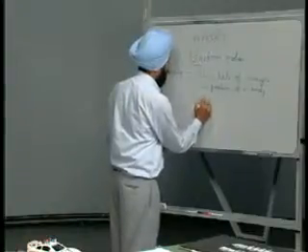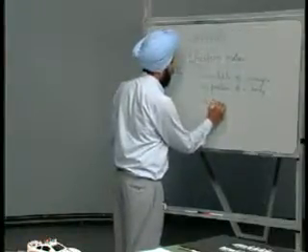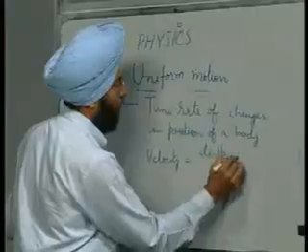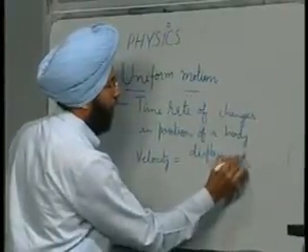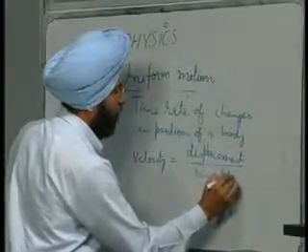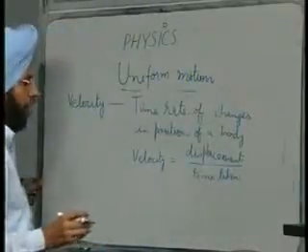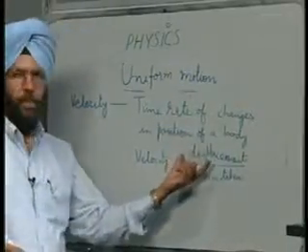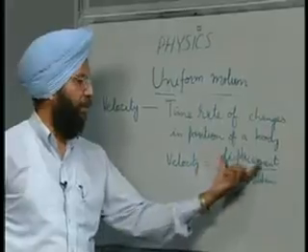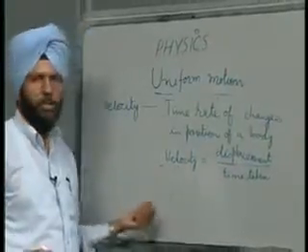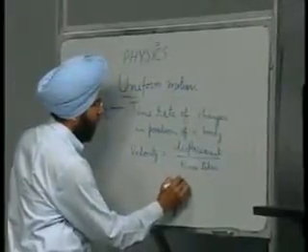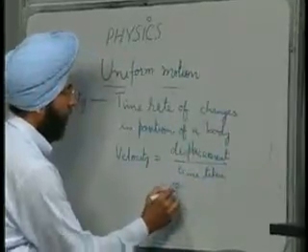Mathematically, velocity is displacement divided by time taken. So, we can say velocity is the rate at which displacement is covered, time rate, displacement covered in 1 second is velocity. Units of velocity are the same as that of speed, meters per second.